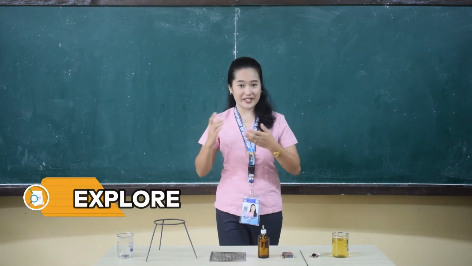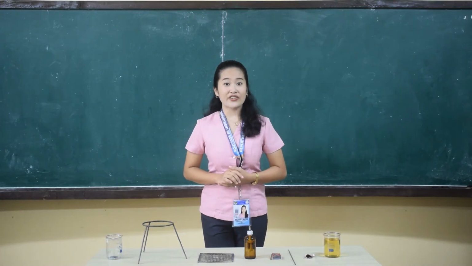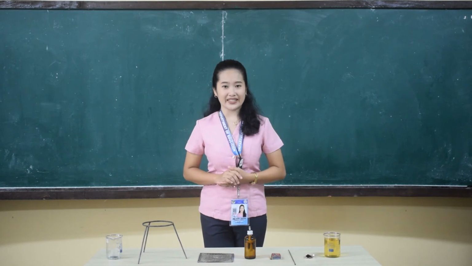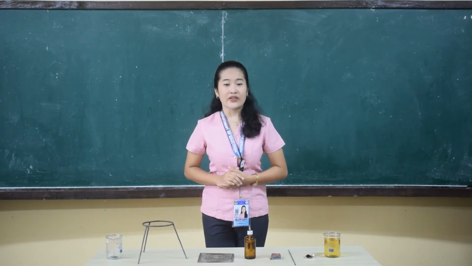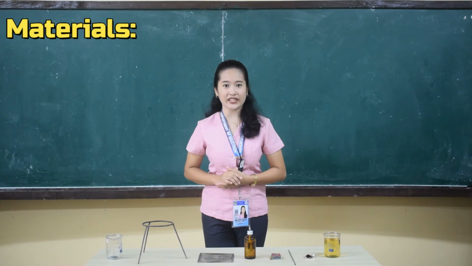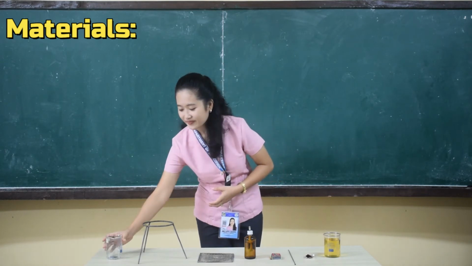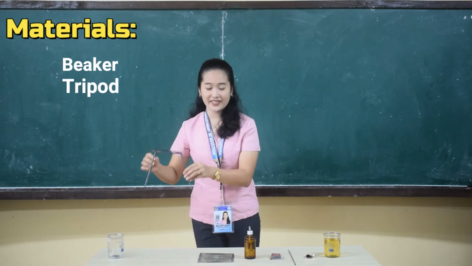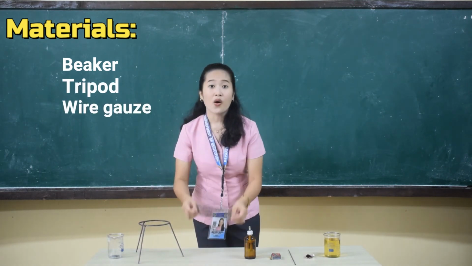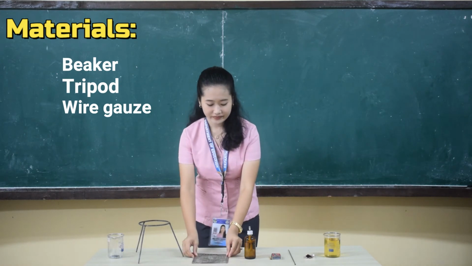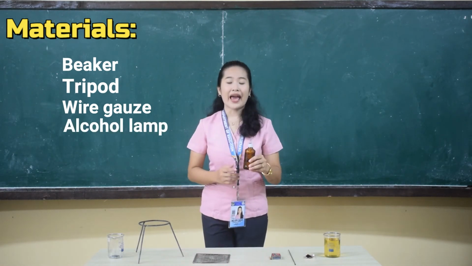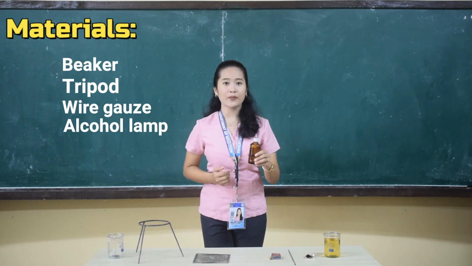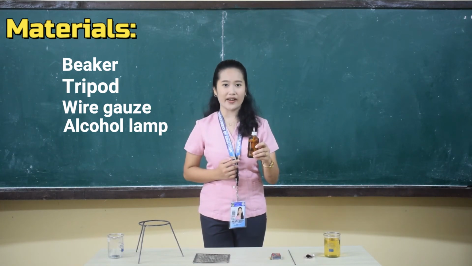Let's now explore. Prepare the following materials and perform the activity. Learners, be extra careful in handling flame and hot objects. The materials needed for this activity are the following: beaker, tripod, wire gauze, alcohol lamp, and in the absence of an alcohol lamp, we can use an improvised one.